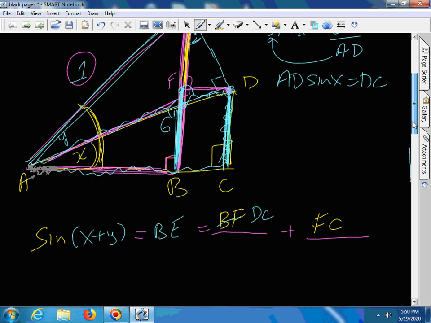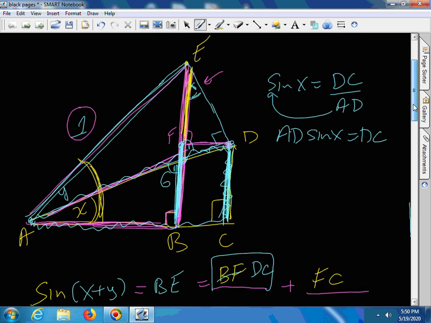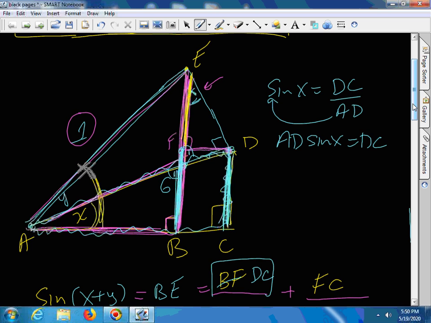Okay, so the sine of x plus y is this, which is AD sine x plus FC. Well, what triangle has FC, FE?